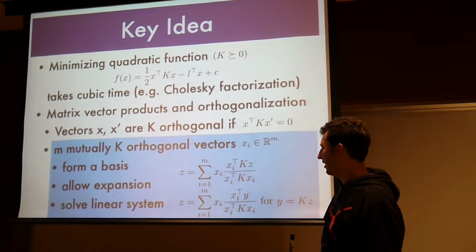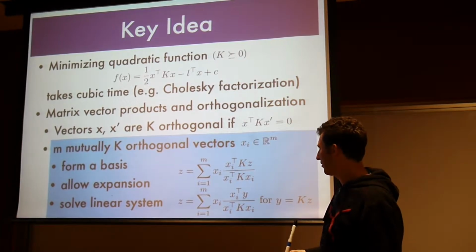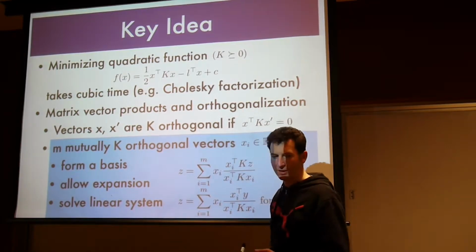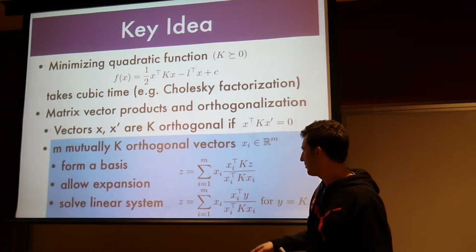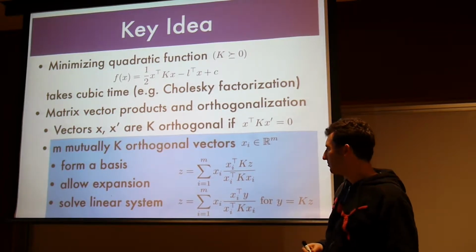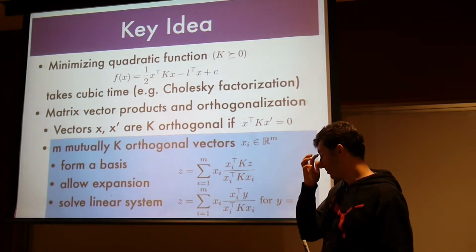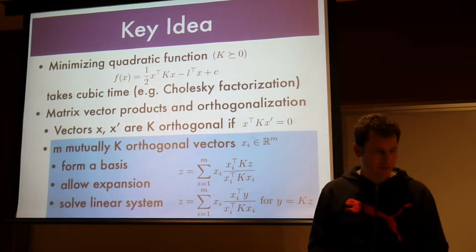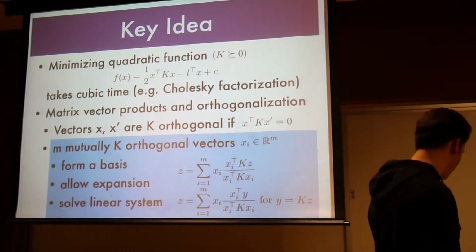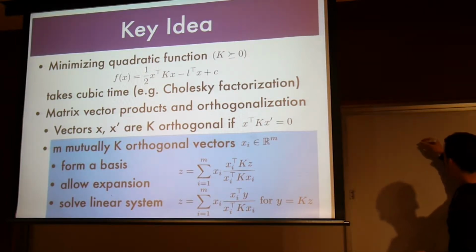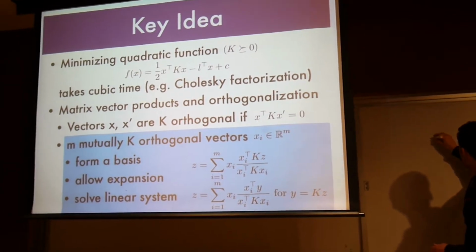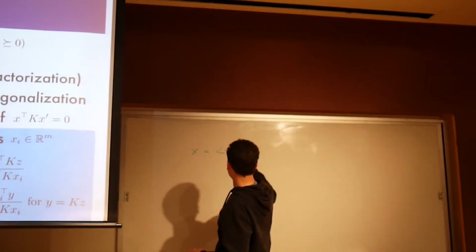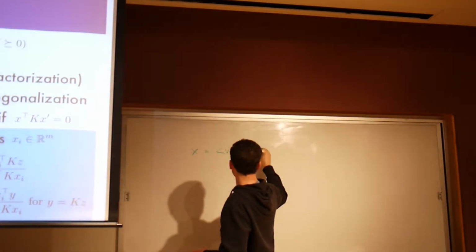The good thing is that m mutually K-orthogonal vectors form a basis, and therefore they allow us a certain expansion and also allow us to solve a linear system of equations. We're going to actually prove this. If you think about it, this is really the same thing as an orthogonal series expansion. In an orthogonal series expansion, my vector x is given by the sum of the inner product between some vectors v_i and x, times v_i.